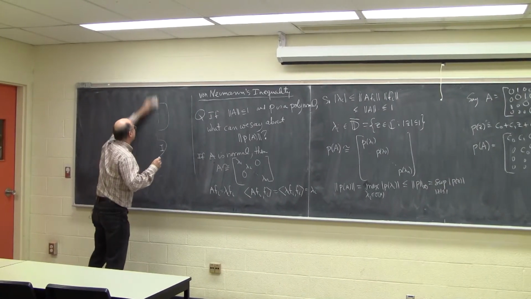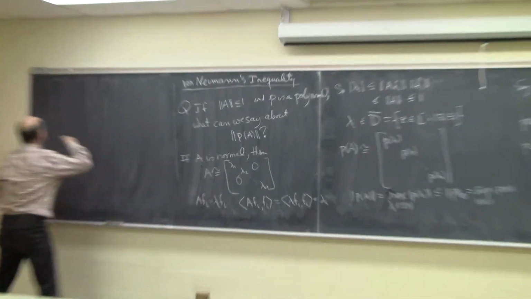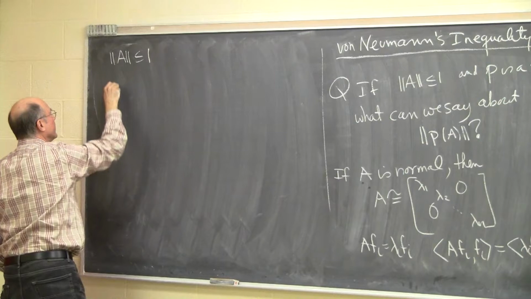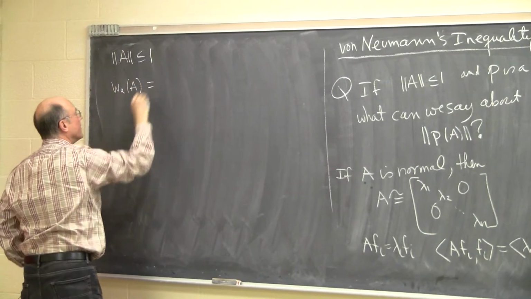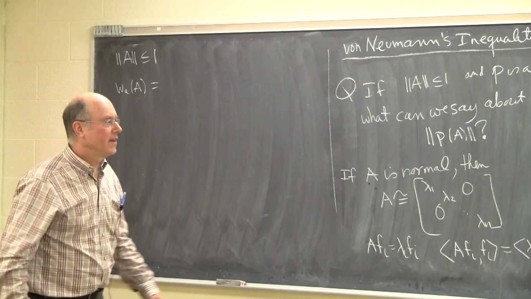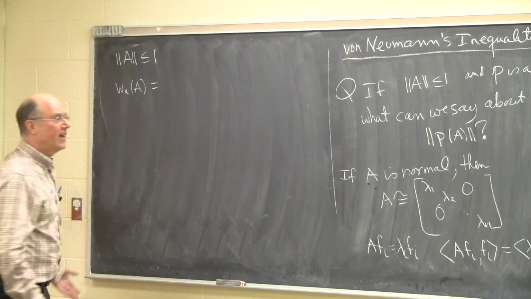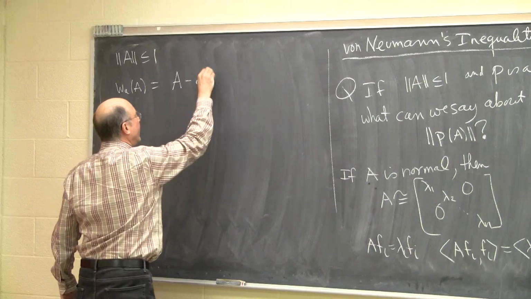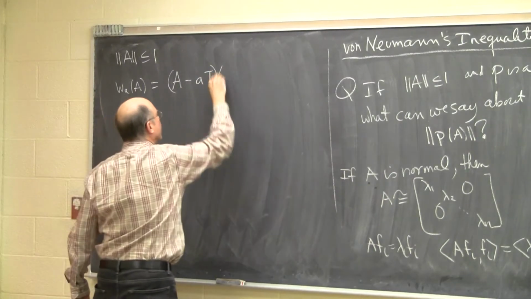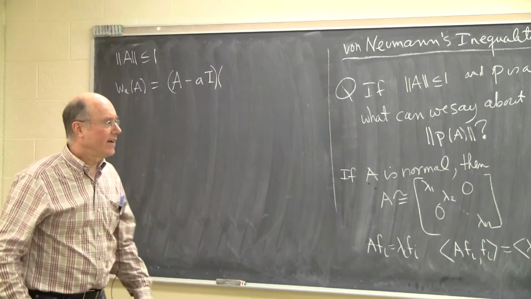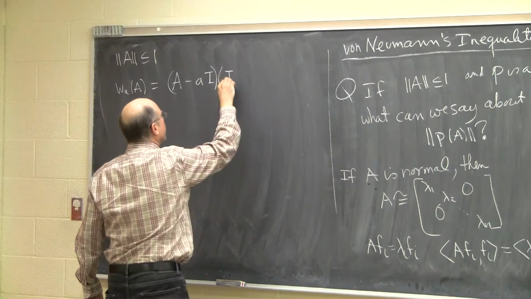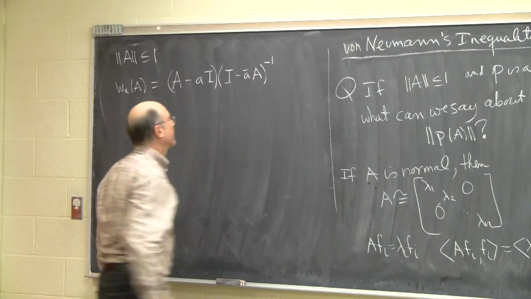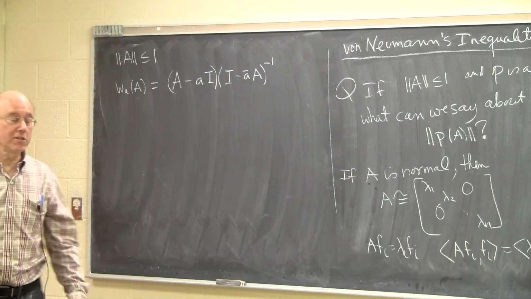So I'm going to take A with norm less than or equal to 1 and look at W_a of A. So what is that? Wherever you see a z, you put in an A. So this is A minus a times the identity, and we're dividing by identity minus a bar A. So you get (1 minus a bar A) inverse.